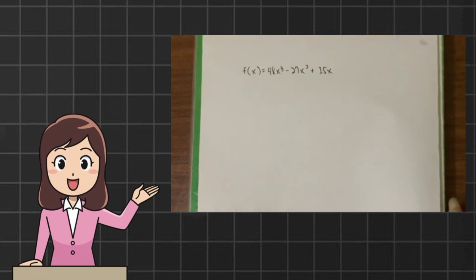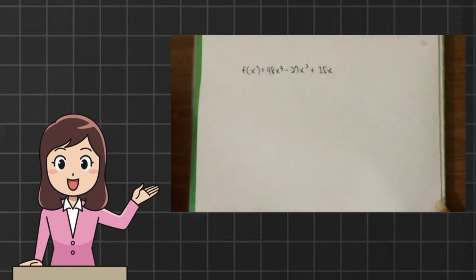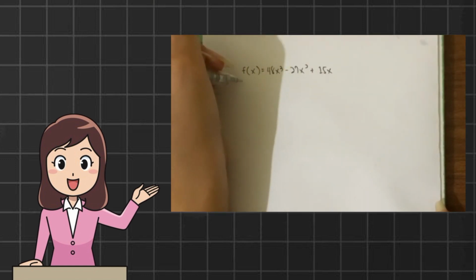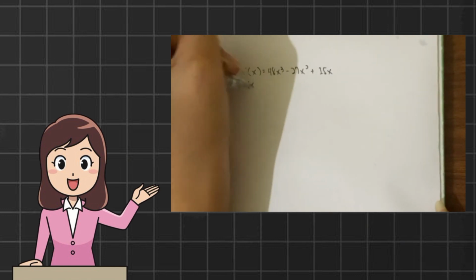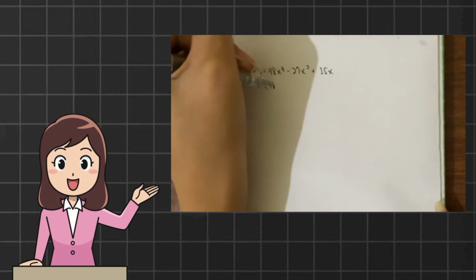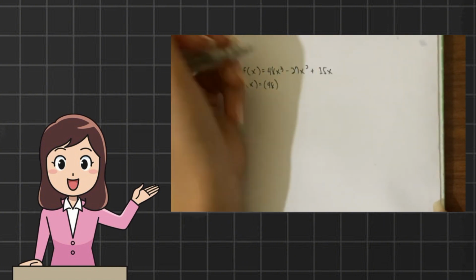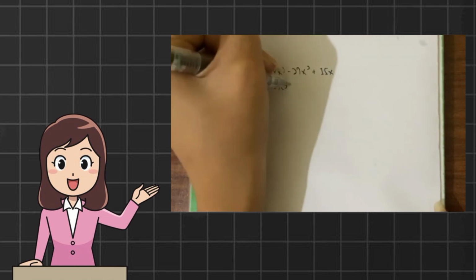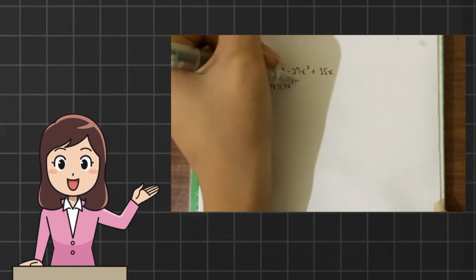The derivative of a sum is equal to the sum of the derivatives. Here is an example. f of x equals 48x cubed minus 27x squared plus 15x. We find the derivative of the function with respect to the variable x. The constant times a function is the constant times the derivative of the function. The derivative of x cubed is 3x to the 3 minus 1.